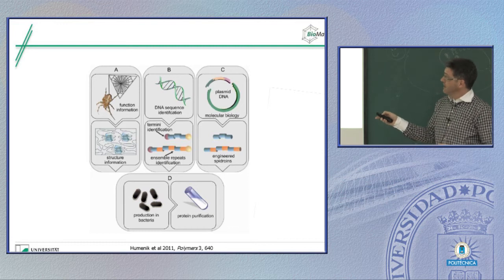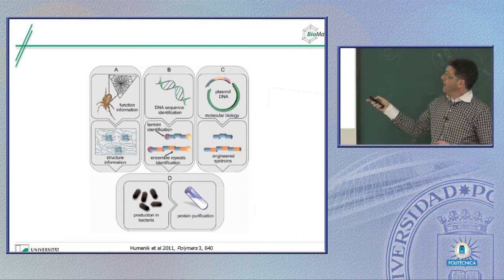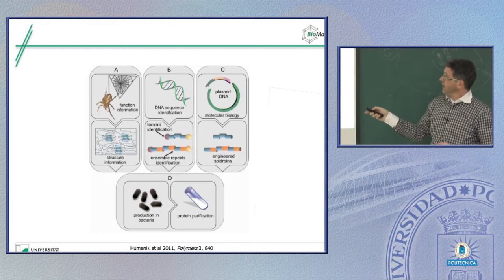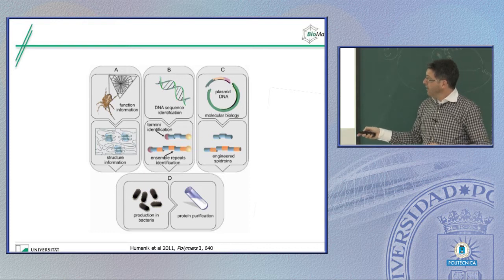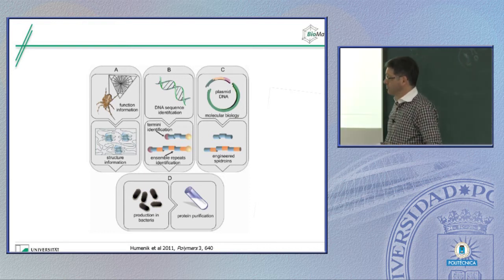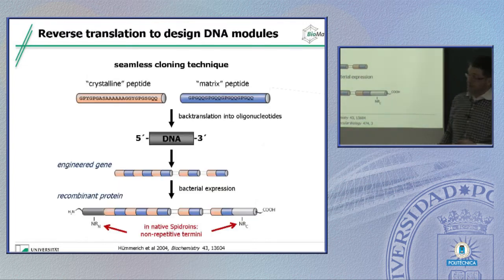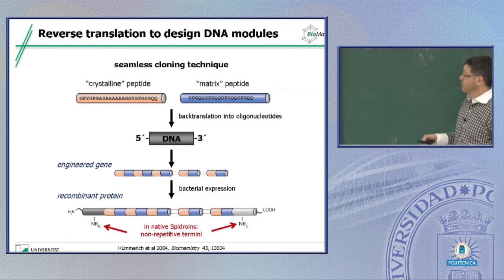And what we have to do now is to adjust these sequences. We can put them in some plasmid DNA, do some molecular biology, have the engineered spidroins, and put that in bacteria, and they will produce the proteins for us.